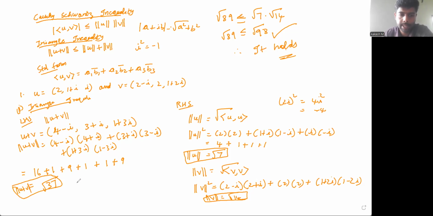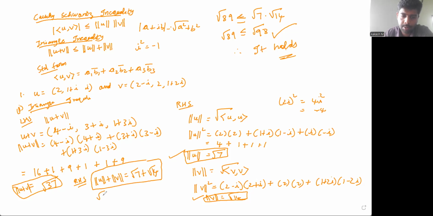So this is your LHS. I will write RHS here itself. Already you have found norm of u and norm of v from the first subdivision. Here you need to add both. Norm of u plus norm of v is equal to root 7 plus root 14. This is your RHS.